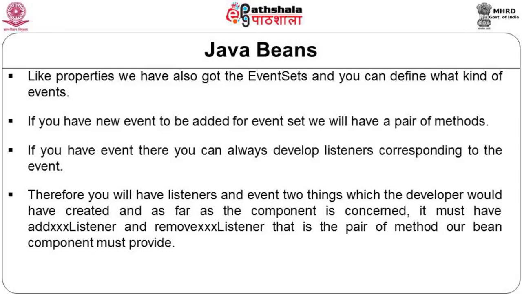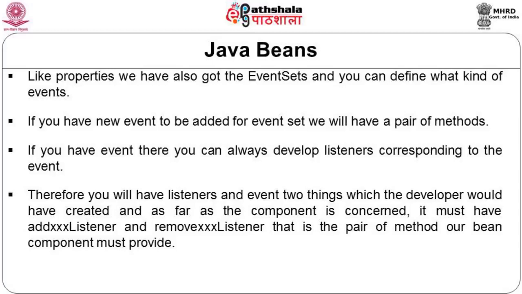So, one thing is, yes, we got properties, and even event sets are there. You can have events, and you can define what kind of events. If you have any new events to be added for any event set, we will have a pair of methods.